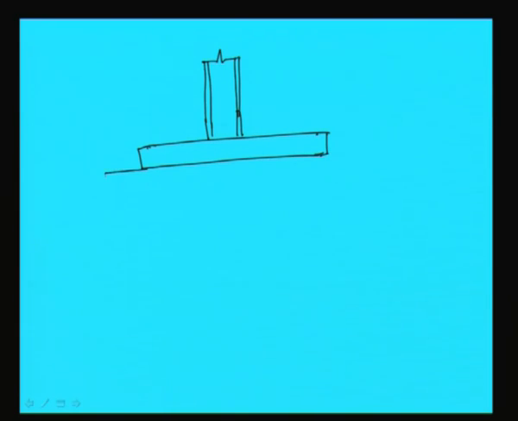Then how to make connections, I will come to later, right. So here P was there, this is ISHB 350, right.